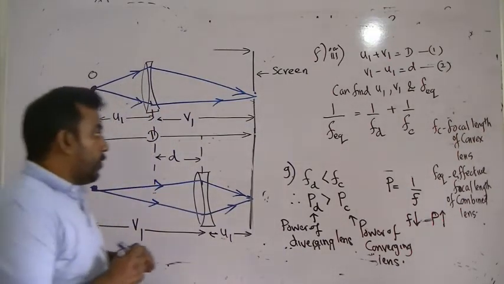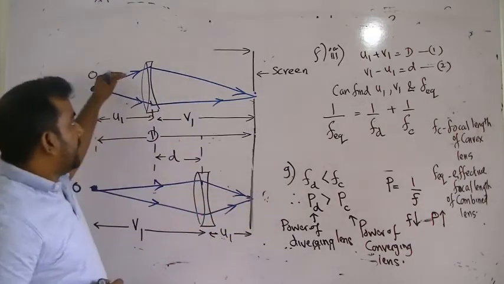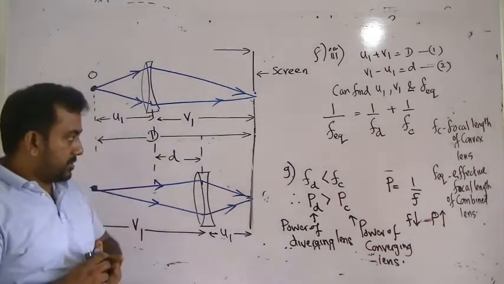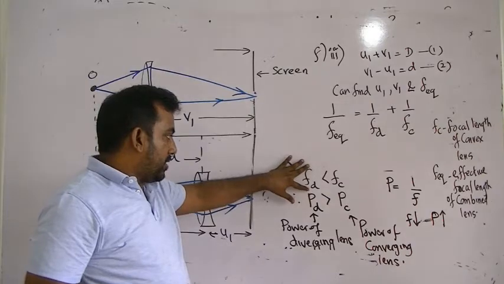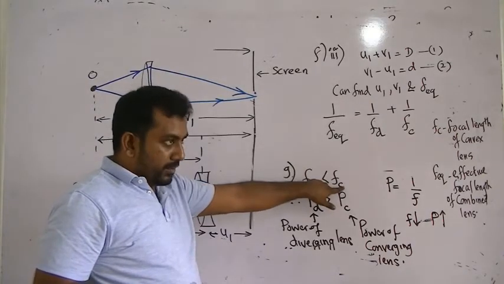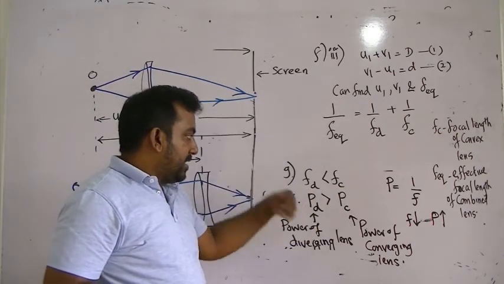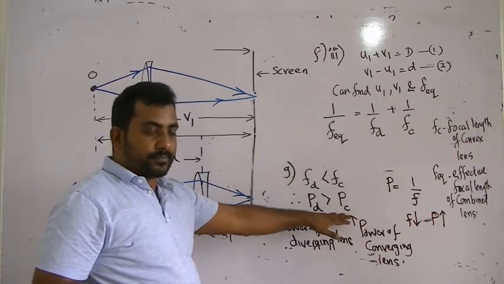If the effective focal length is divergent, you can't form a real image. So you can write it: focal length of diverging lens is less than focal length of convex lens means power of diverging is more than power of convex.